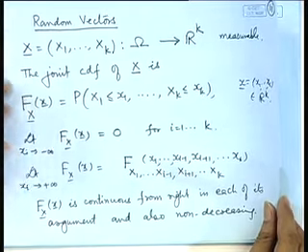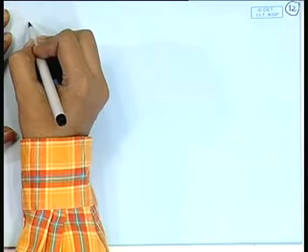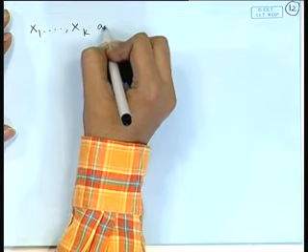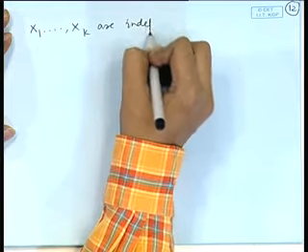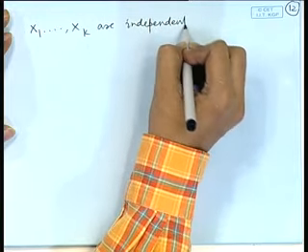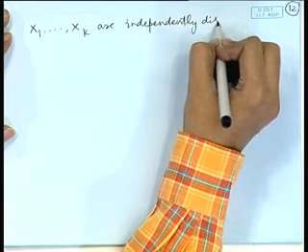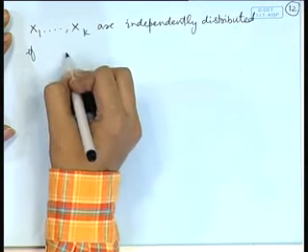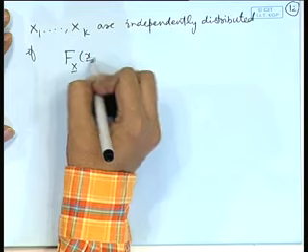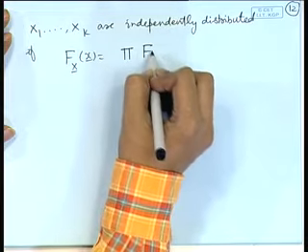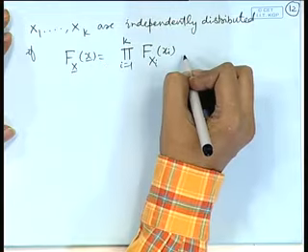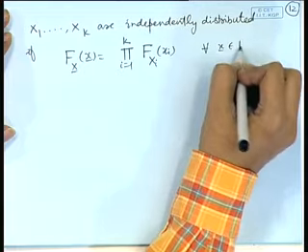Making use of this joint CDF, we can define the concept of independence. x1, x2, ..., xk are independently distributed if the joint CDF can be written as the product of the individual CDFs for all x belonging to R^k.